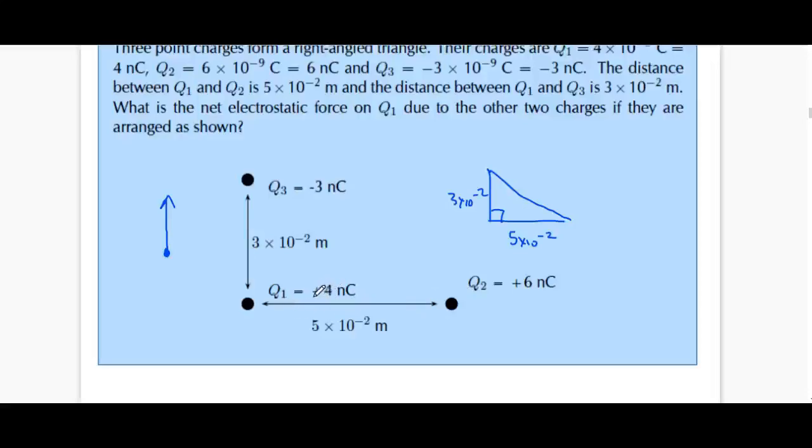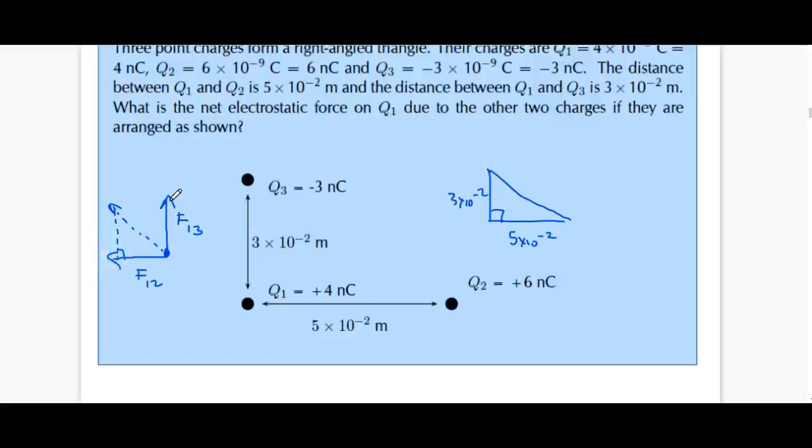Q1 is being repelled towards the left by Q2 because Q1 and Q2 are positive. This one is F13 and this one is F12. Since this is a right angled triangle, this will give us the magnitude here, so we'll have the magnitude there.